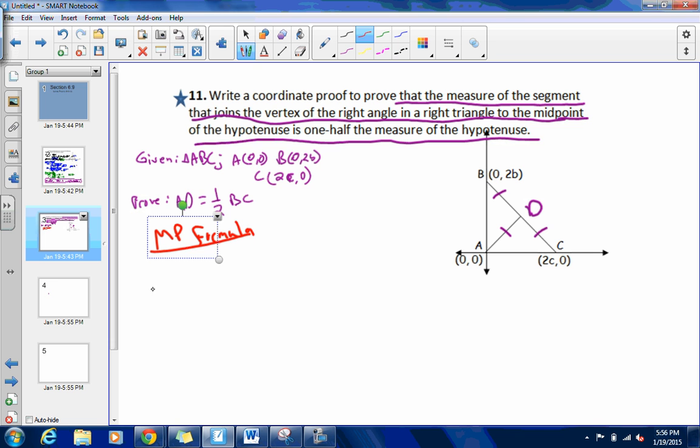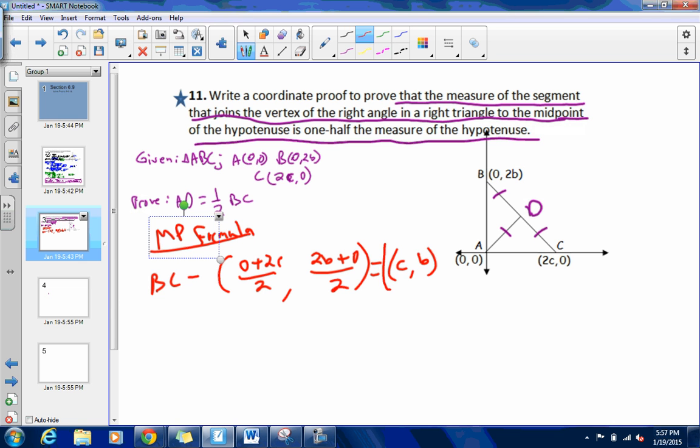So the midpoint of BC would be, let's see, the average of the x's would be 0 plus 2c divided by 2. And the y's would be 2b plus 0 divided by 2, which equals c and b when you divide it out.